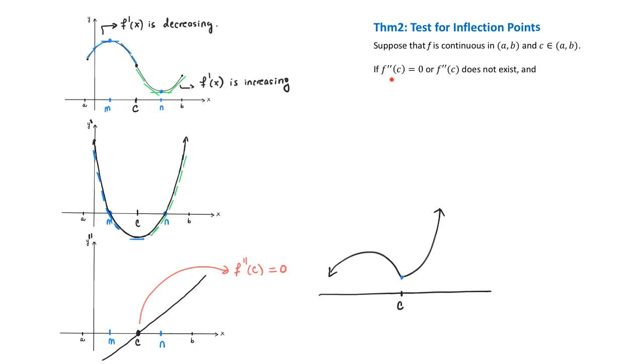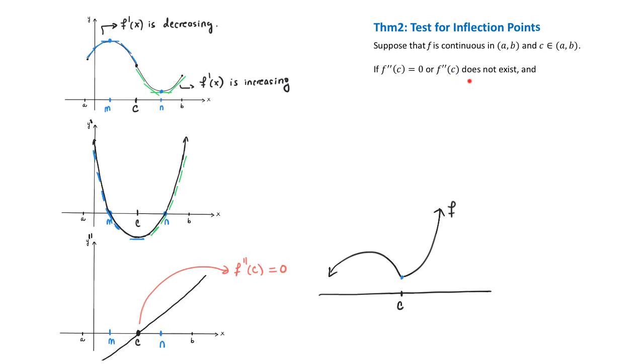If the second derivative at c is equal to 0, something like this c on the left, or if the second derivative at c does not exist, like right here, right? This is supposed to be the graph of f. Well, since the graph of f has a sharp corner at c, the first derivative doesn't exist. So therefore, the second derivative doesn't exist as well.